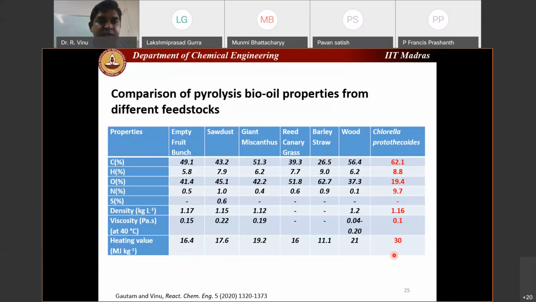The only disadvantage is its nitrogen content is high, because algae contain proteins, and proteins are rich in amino acids, which are rich in nitrogen. So that is the major disadvantage when it comes to algae-based bio-oil.